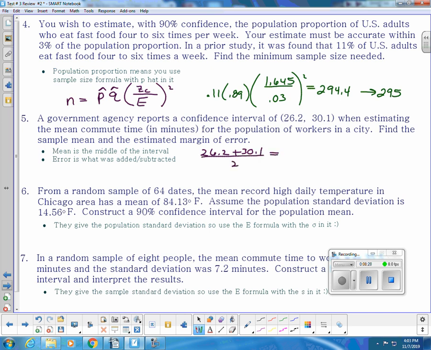So the mean is going to be 28.15. And then you need to find out what the error was. Well, how far away is that from 30.1? Or the other way, it doesn't matter. So when I subtract that, I get an error of 1.95.